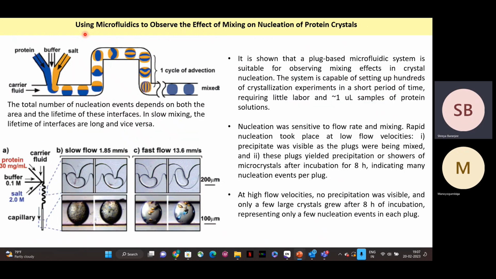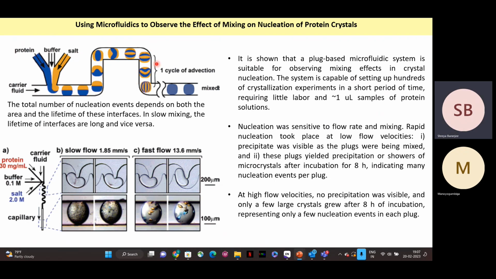So how can you use microfluidics to observe the effect of mixing on the nucleation of protein crystals? Firstly, as you have learned, you can have three streams having the protein, salt, and the buffer, and you can get drops of varying concentrations.